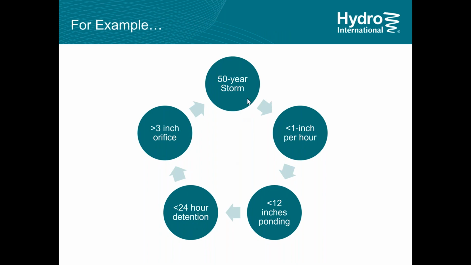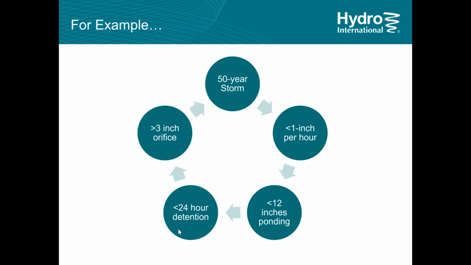And just to put some real numbers to this, it's not uncommon to have to manage a 50-year storm. Infiltration rates on site of less than 1 inch per hour. Maybe hydraulically you only have less than 12 inches of vertical space for ponding.